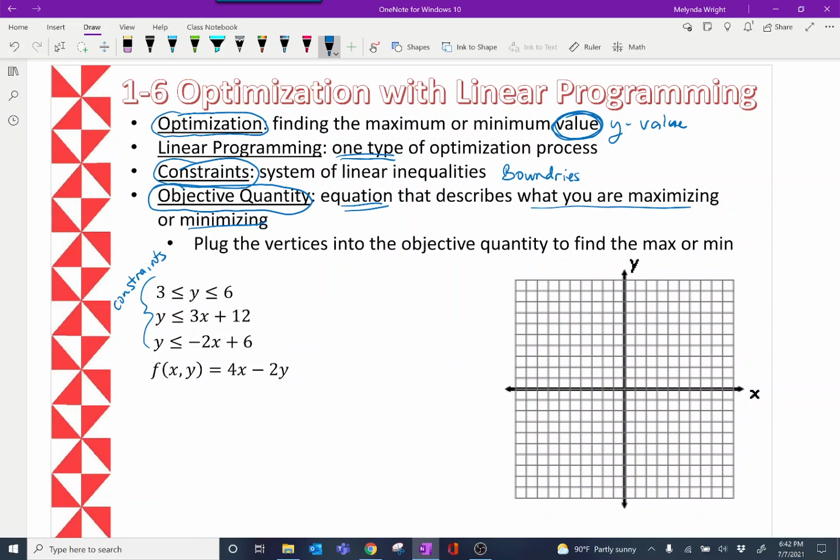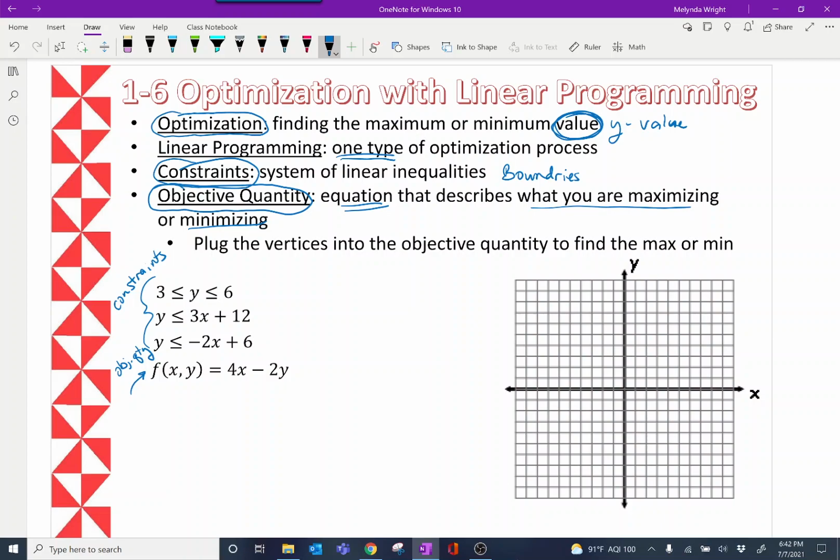And this particular equation, this is your objective quantity.